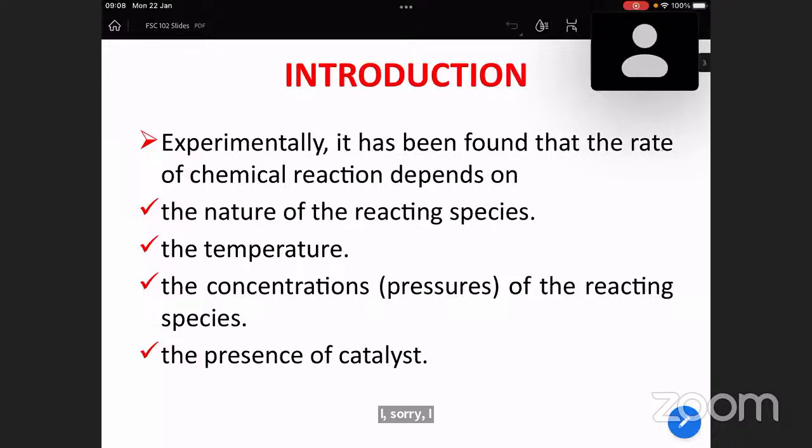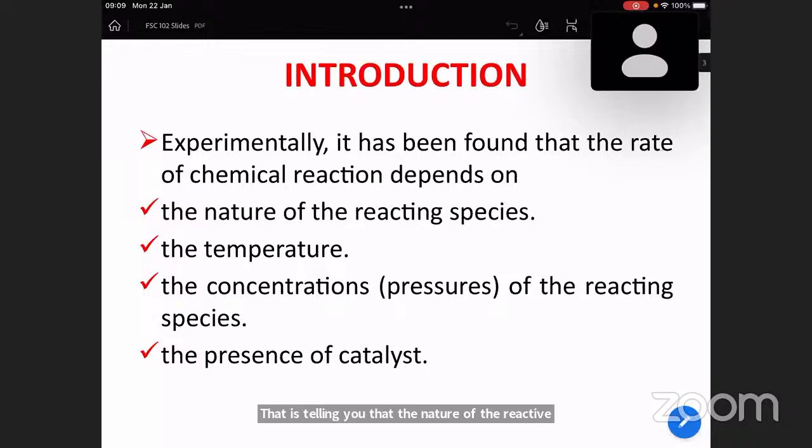Iron reacting with water, sodium reacting with water. One was fast, one was slow. There was actually a constant in the two. We had the water in both cases. But in the case of iron, it was slow. In the case of sodium, it was fast. That is telling you that the nature of the reacting species is important.